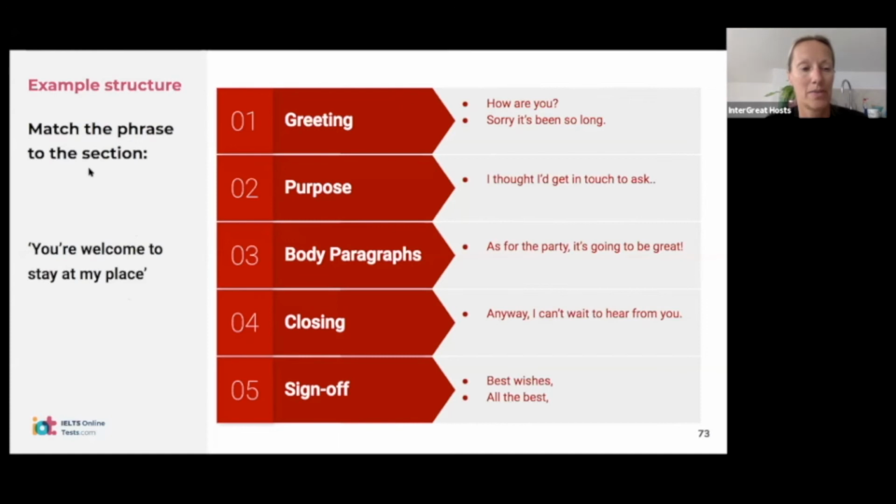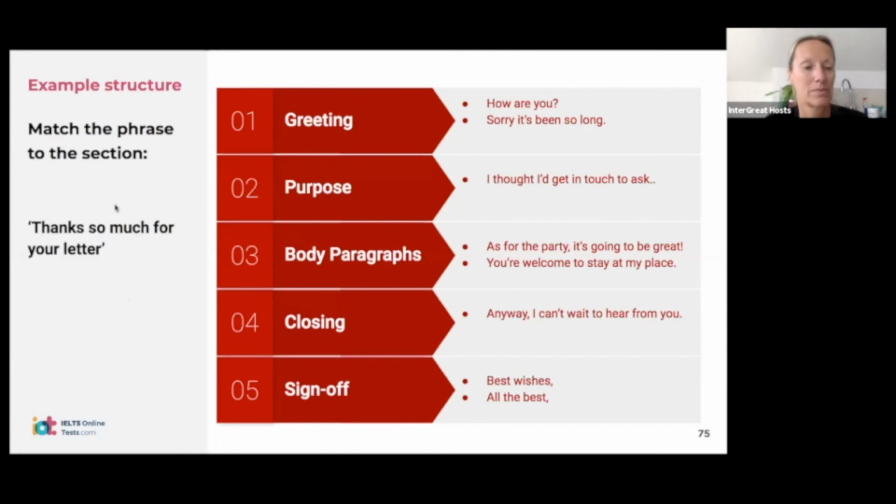Everyone's saying different things here. That one is number 3, the body paragraph. Thanks so much for your letter. Number 1. That would be the first thing you'd say. I just wanted to let you know that.